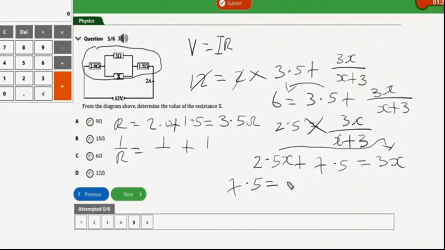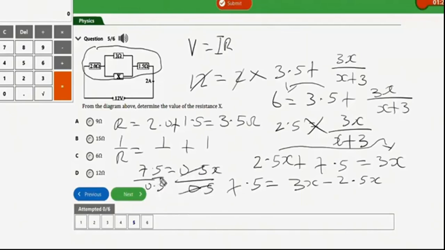We have 7.5 equals 3x minus 2.5x. Alright, so when you punch this on the calculator, we have 7.5 equals 0.5x.